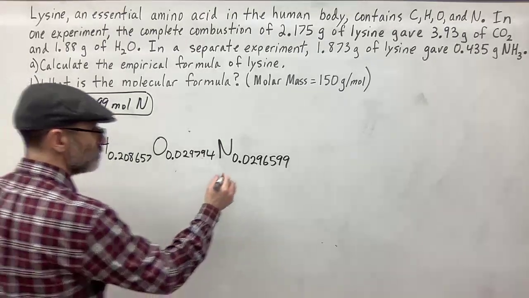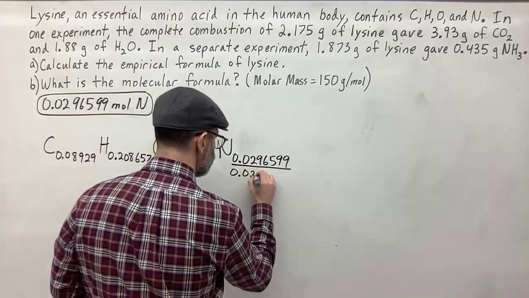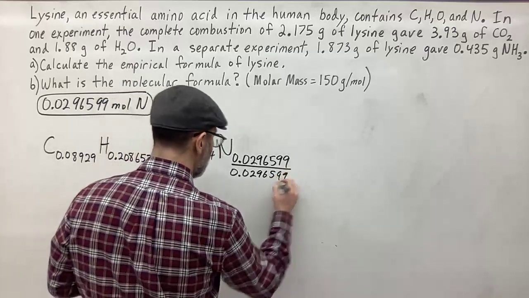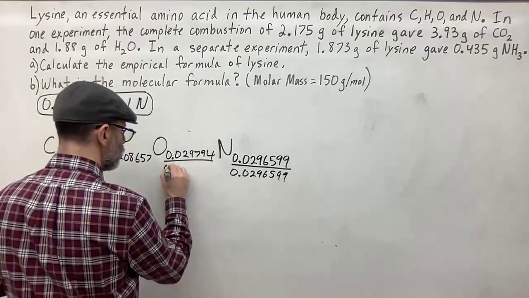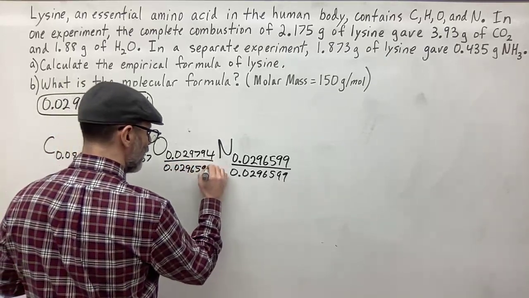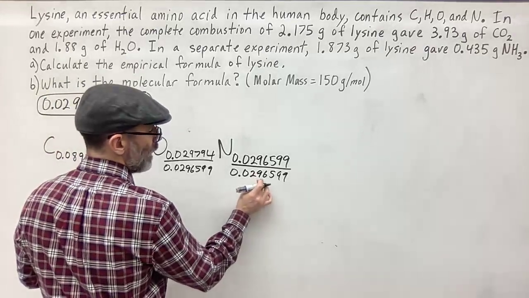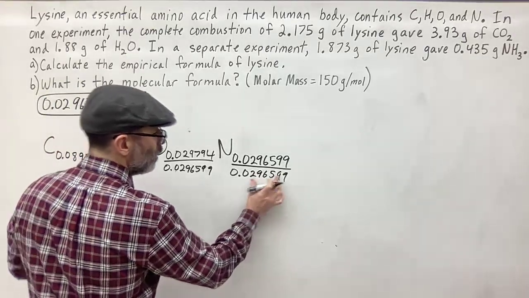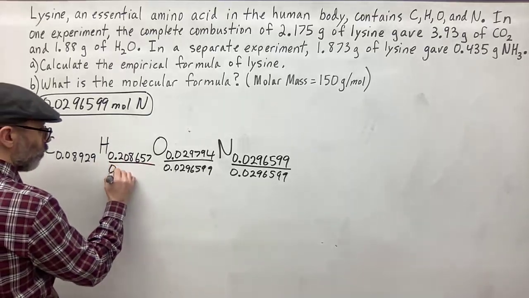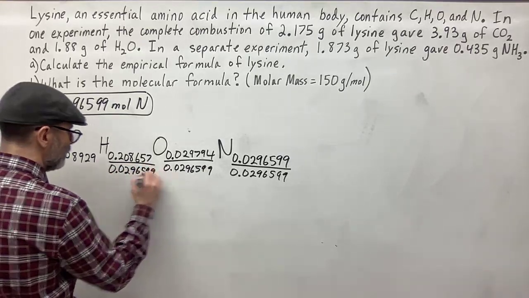We'll divide this one by 0.0296599. We'll divide this one by 0.0296599. And again, if you want to divide by 0.0296 or 2965, you can do that. It won't matter.